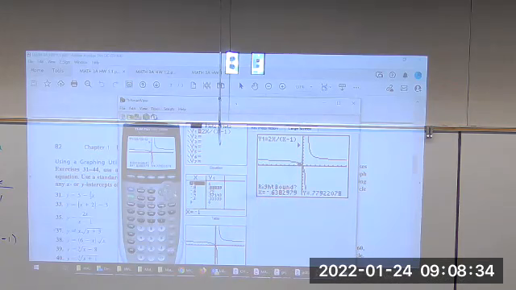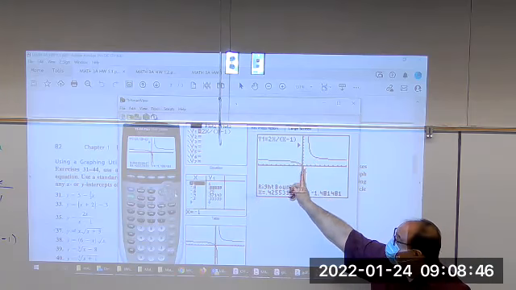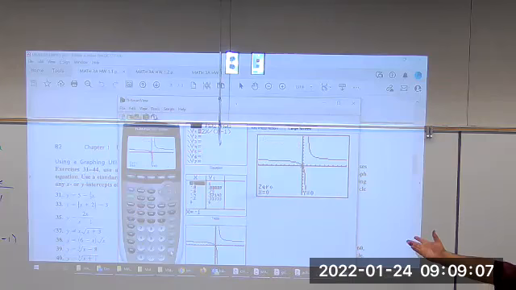Now I get on the right-hand side of where I think it might be. So between that negative and that positive, I want to find the zero. I hit enter. Now this next piece, I've never figured out why they do this. It asks for a guess. I don't know if they want me to guess or the calculator to. Just hit enter one more time. And it's at 0, 0.